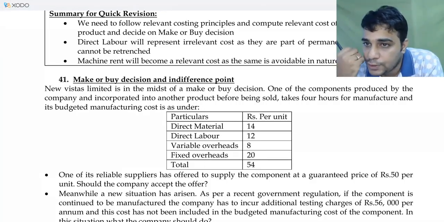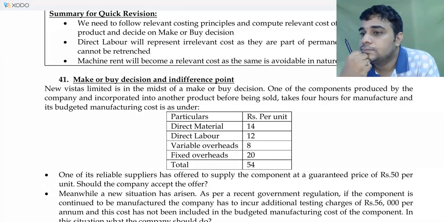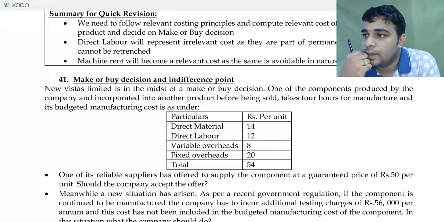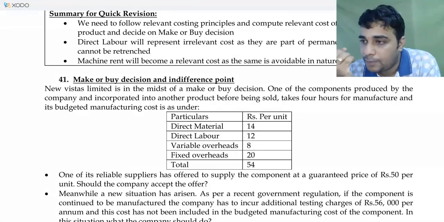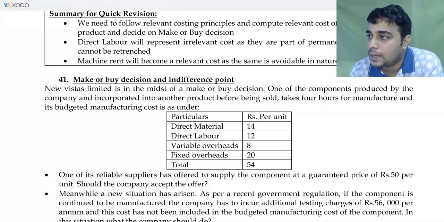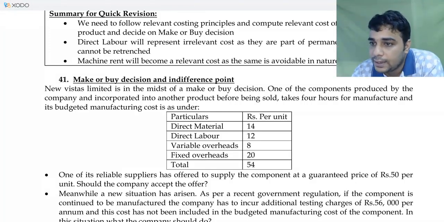Impact on the employees who are making that product. There was one more point which you had said earlier. Last time you had mentioned whether the new vendor will deliver the product on time or not. What is the reliability of the new vendor? The new vendor who is going to come in, is that guy going to be reliable or not? These are the extra issues which we have to talk about when we are going to do a make or buy decision problem.